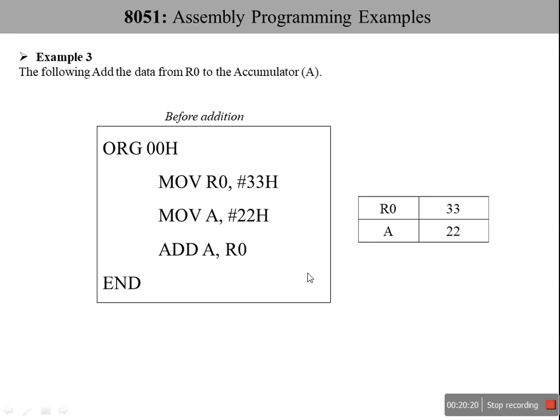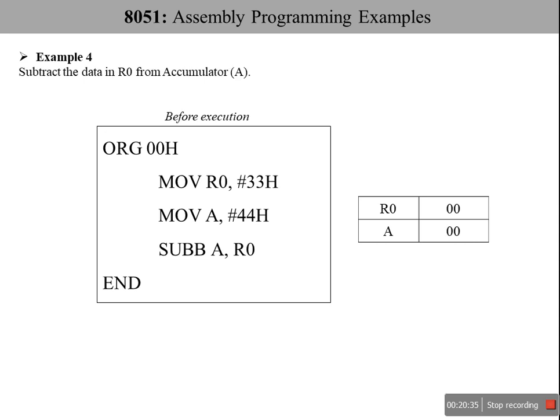Then after addition, R0 will remain the same, whereas the content of accumulator will be the addition of 22 plus 33, which is 55. This is how the data is updated after addition.